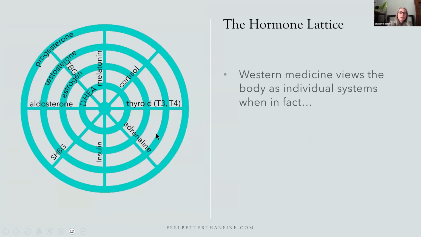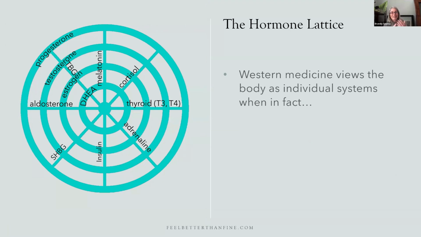Okay. So this is just taking a look at the hormone lattice. I've not included those anchor strands that tether your body to the environment. What we are looking at here is just your body floating in space. And you may think, well, it kind of looks more like a target than it does necessarily a web or a lattice right now.